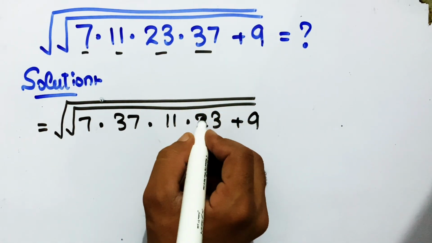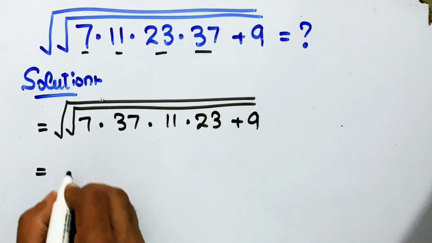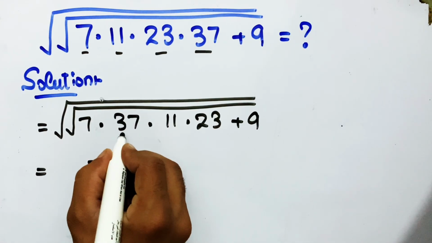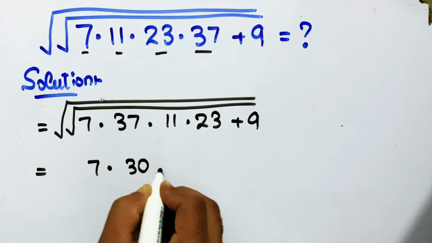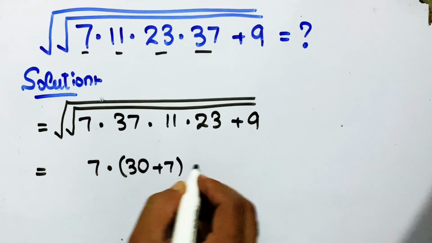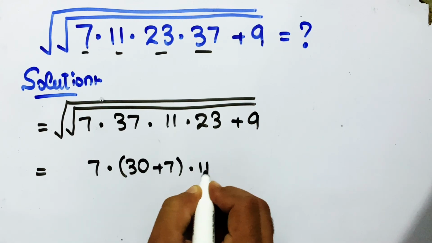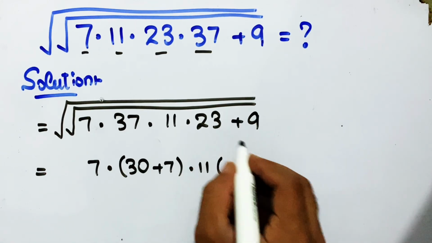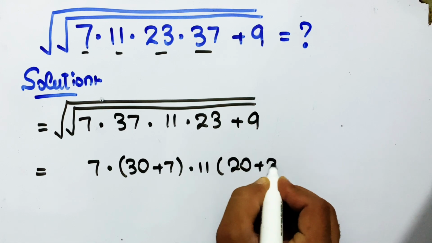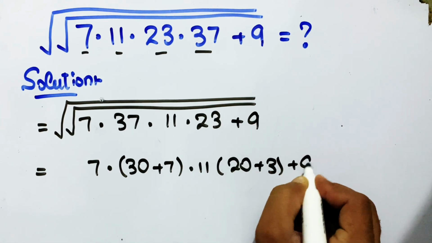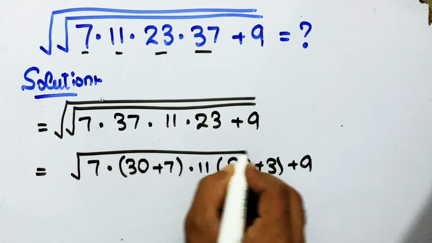Next step, 7 times 37 becomes (30 plus 7) times 37, and 11 times 23 becomes 11 times (20 plus 3), plus 9, under the square root.